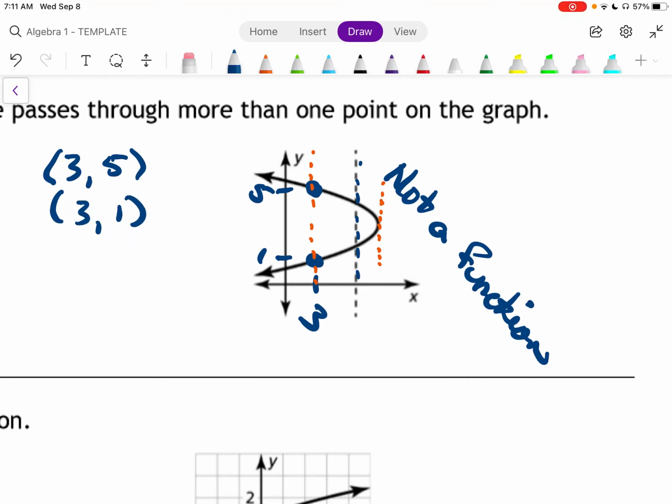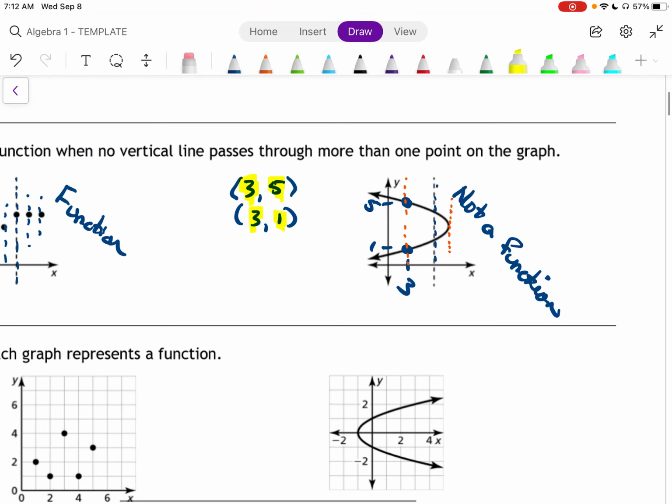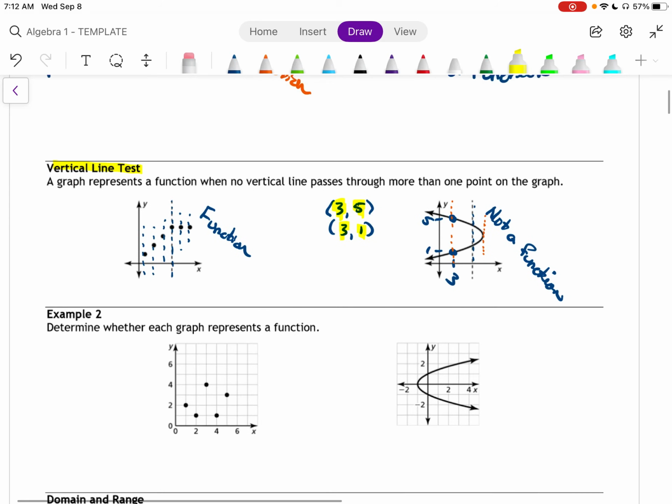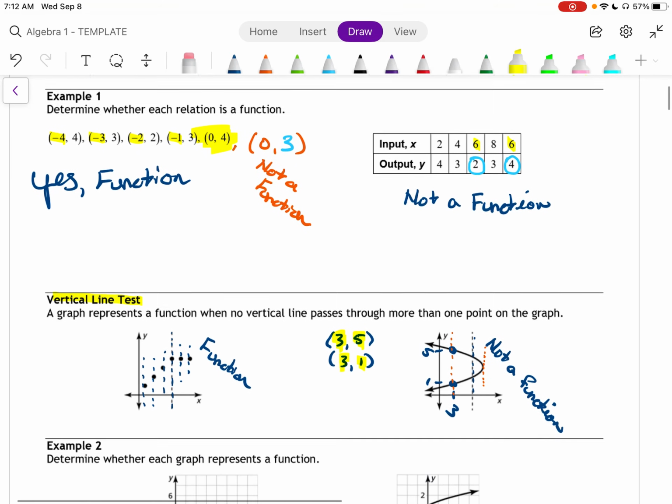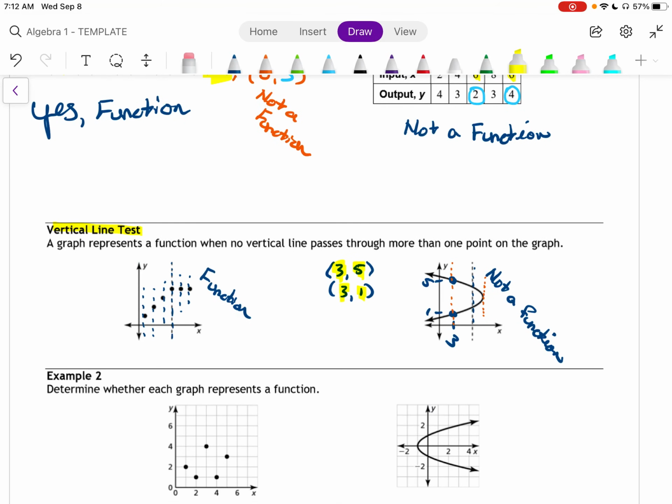All I did was list those points. We have an input value of 3, and the first time we plug it in, we get out 5. And then we plug in a 3 again, and we get out a 1. Again, that just doesn't really make sense. So the vertical line test is still doing that function rule that we were doing up above, but it does it a little bit faster and a little bit better for graphs.